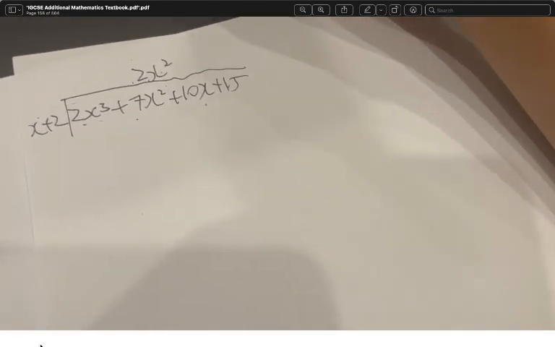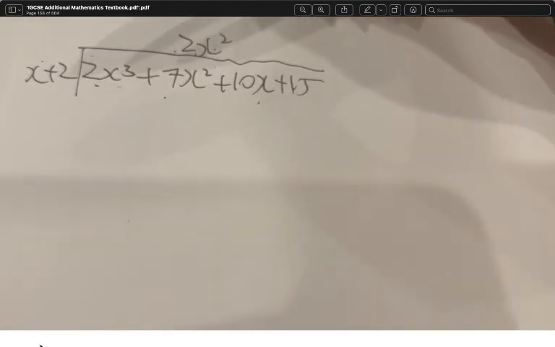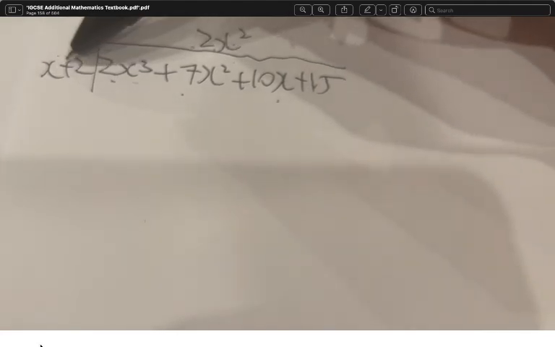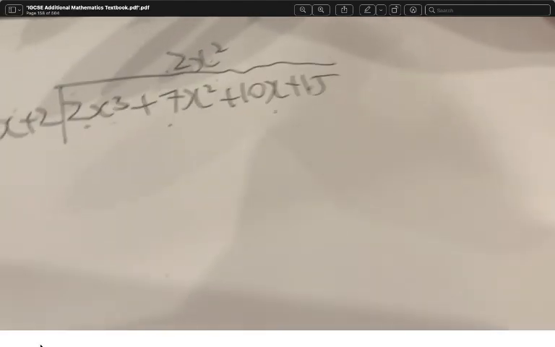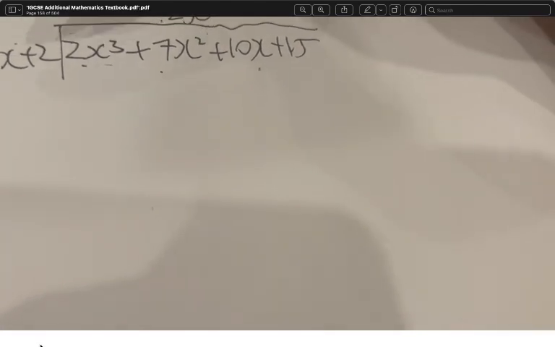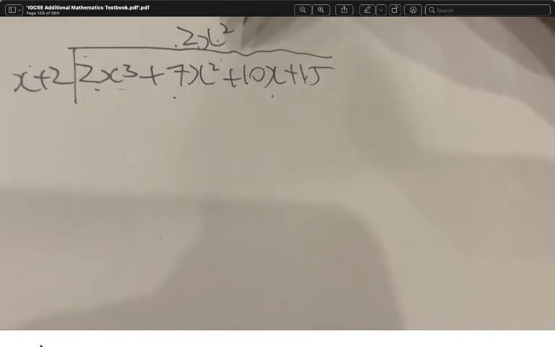Even though there is a plus 2 as the constant as well. However, there is no possibility for the quotient to have x³, as x times x³ will be x⁴, which will be higher than the original term.